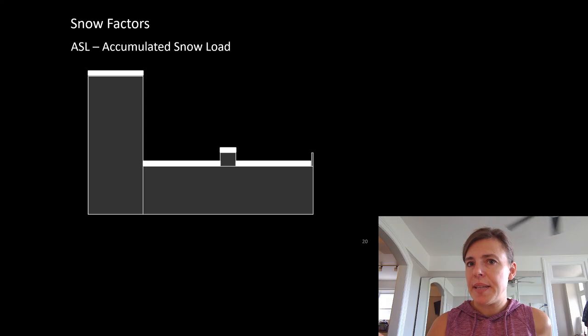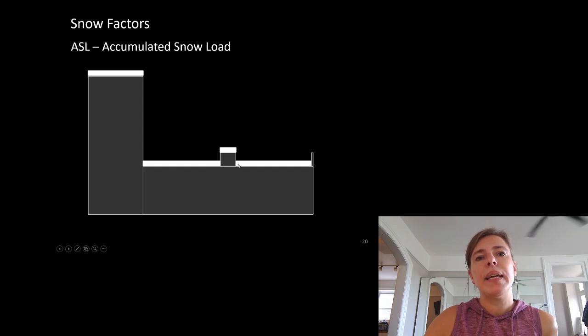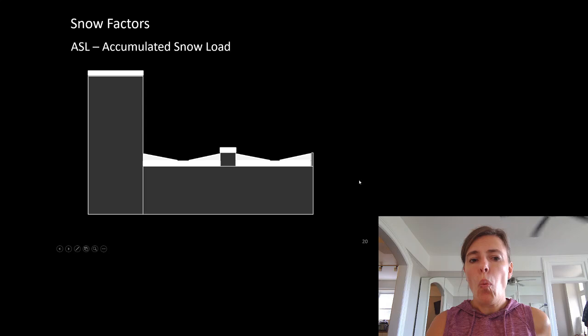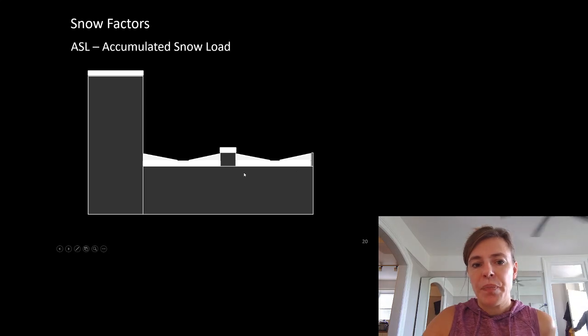Here's our snowfall. That seems relatively normal. But look, we've got this high building here, a mechanical unit here, and a parapet here. When wind blows and moves snow around on a roof, some of this snow will fall down onto here. Some of the wind will blow and let it gather up here. Snow tends to gather around a mechanical unit and a parapet.